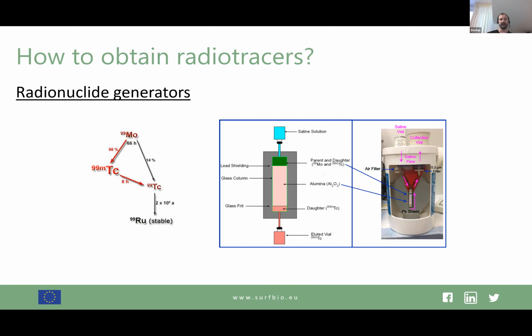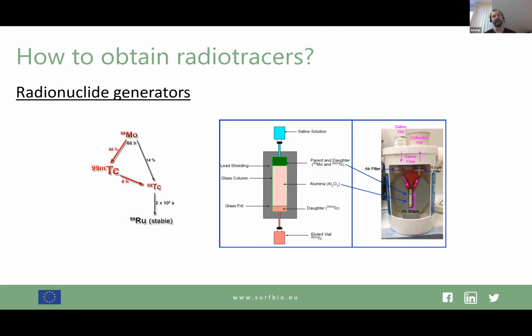Yeah, so basically these 3 methods are how radio tracers are produced, how you can obtain them for your studies. And if you are mainly at the end of this chain, you would probably get these radionuclides ready for use in your application.